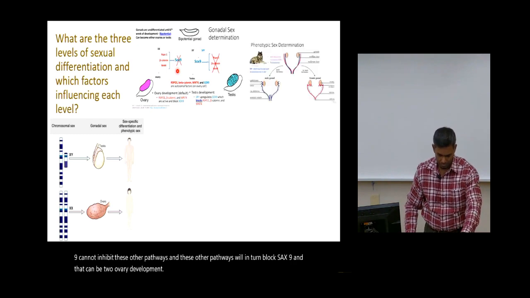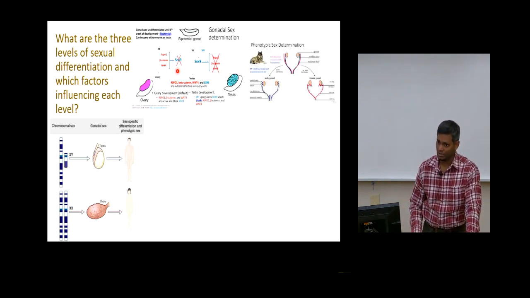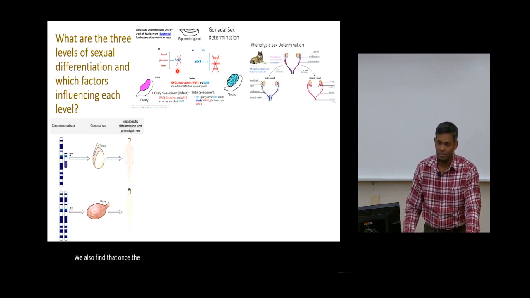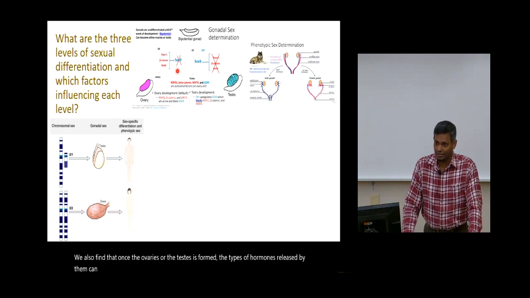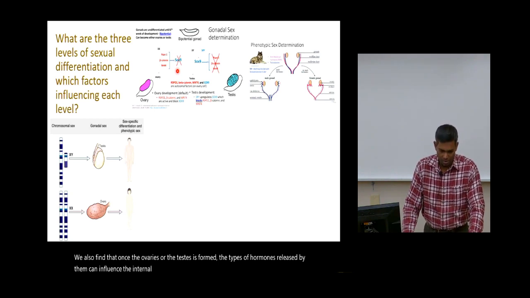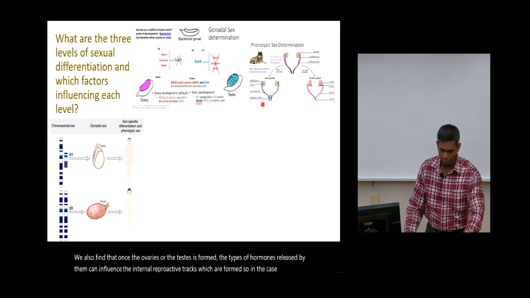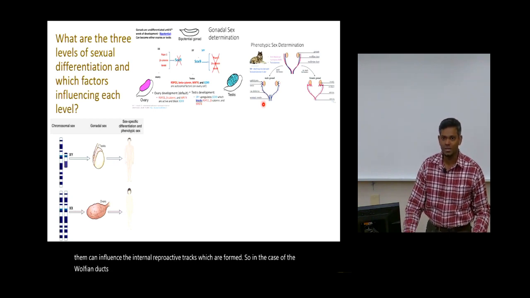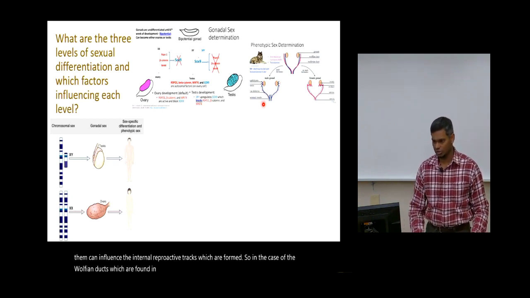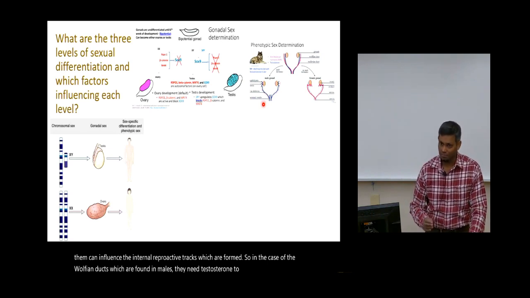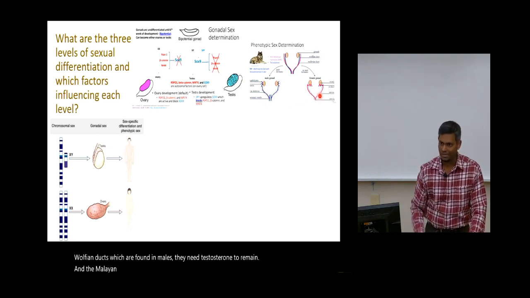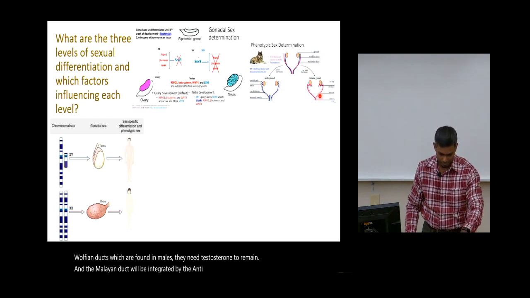development. We also find that once the ovaries or the testes are formed, the types of hormones released by them can influence the internal reproductive tracts which are formed. So in the case of the Wolffian ducts, which are found in males, they need testosterone to remain, and the Mullerian duct will be degraded by the anti-Mullerian hormone.